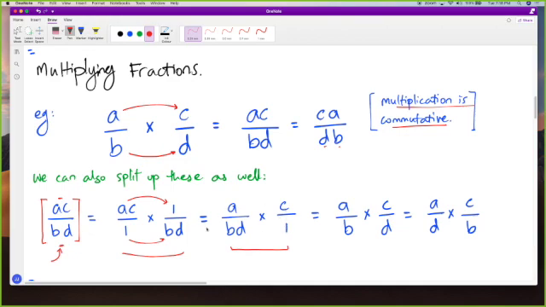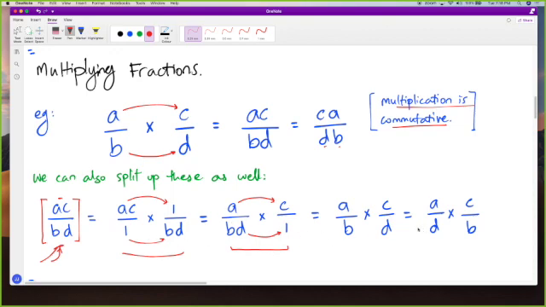Is this the same as this original answer? Yes, it is. Because look at how we multiply fractions. You multiply numerators, A times C will give us AC. And you multiply your denominators, BD times 1 is BD. Right? So you're seeing the different ways that I could split these things up.